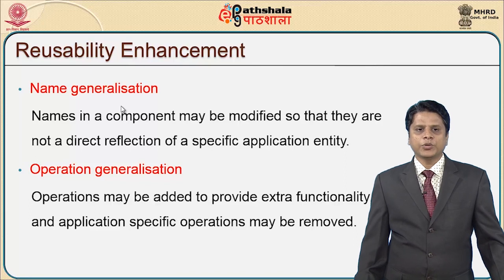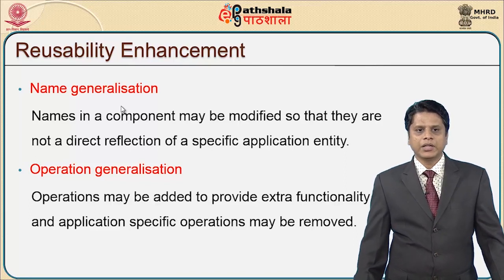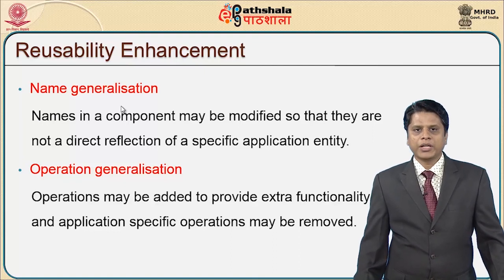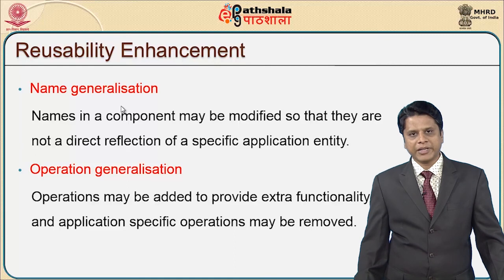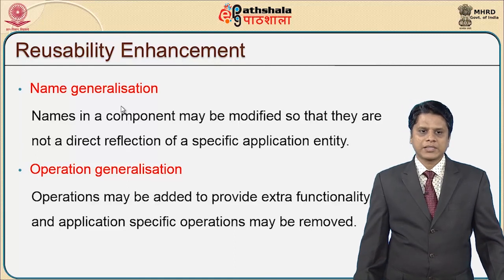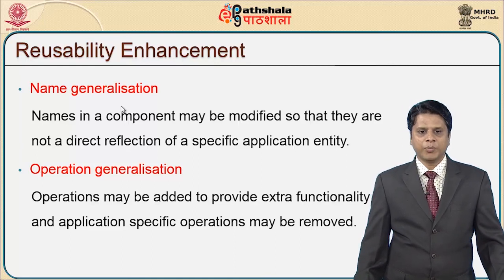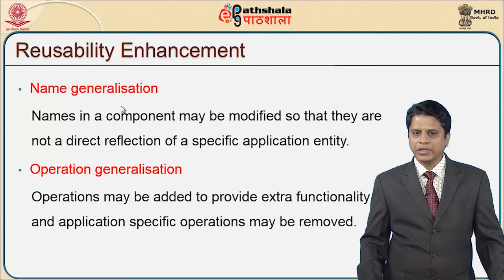As an enhancement to reusability, we have name generalization and operation generalization. Name generalization means names in a component may be modified so that they are not a direct reflection of a specific application entity. Operation generalization means operations may be added to provide extra functionality, and application specific operations may be removed.